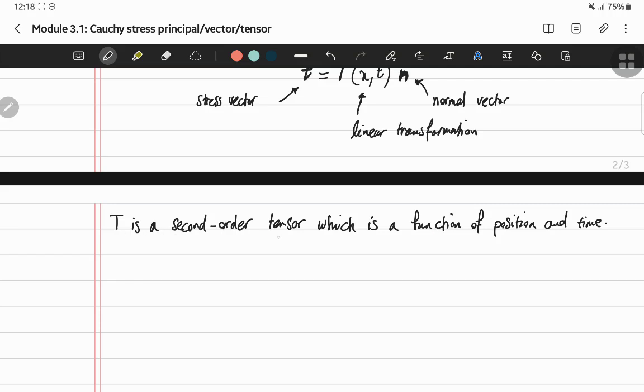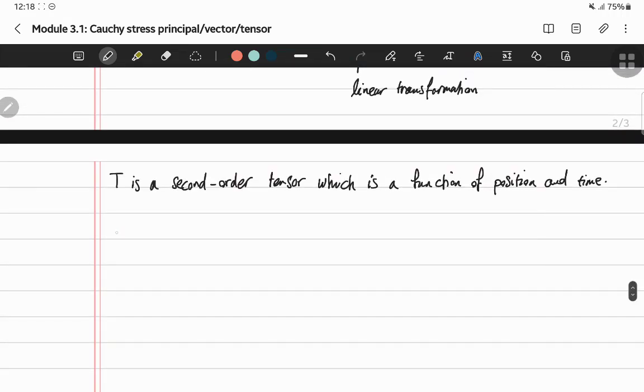So T is a second order tensor, which is a function of position and time, and it is called the Cauchy stress tensor.